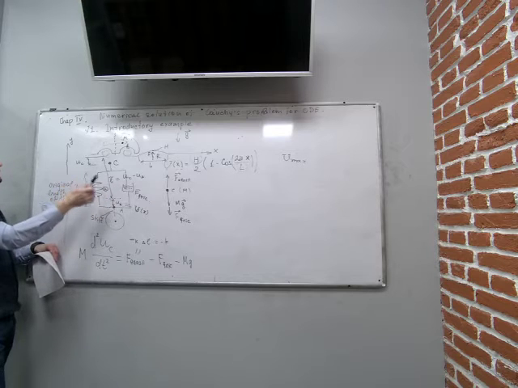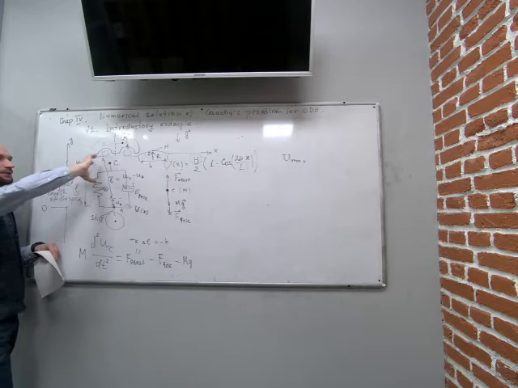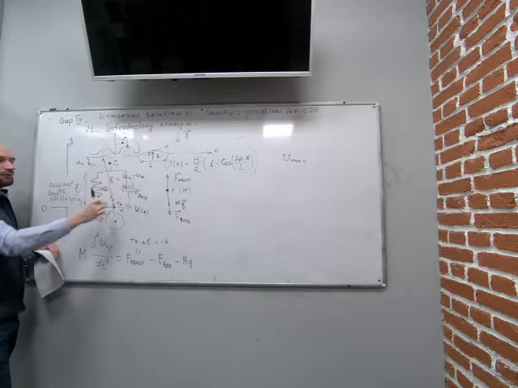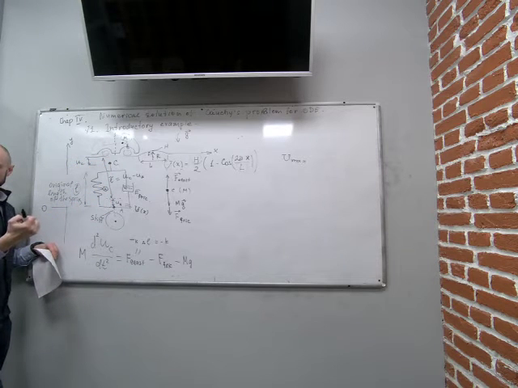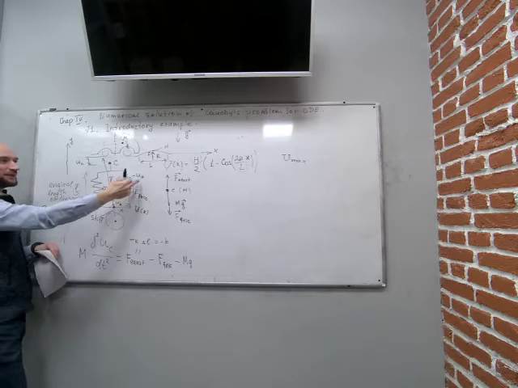Okay? How to find out the distance between the point C and point A in the new position? What will be the distance? I'm saying this is UC minus UA.